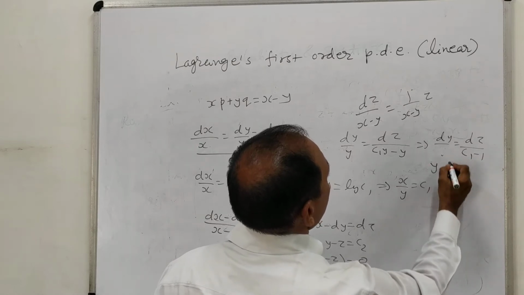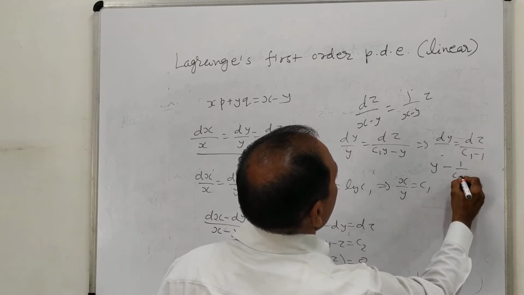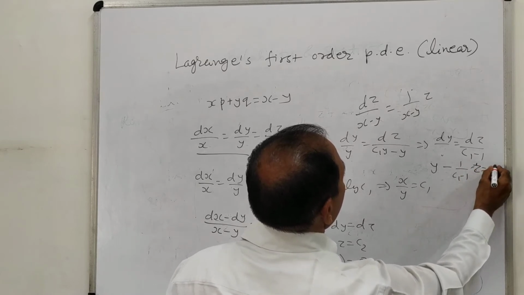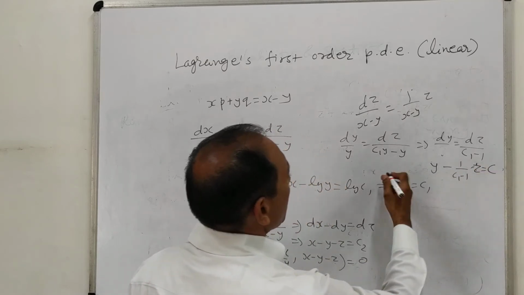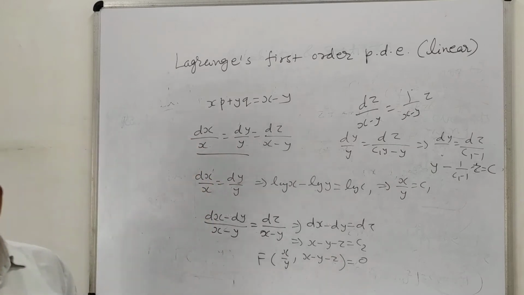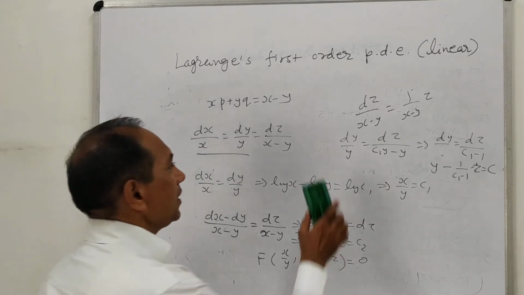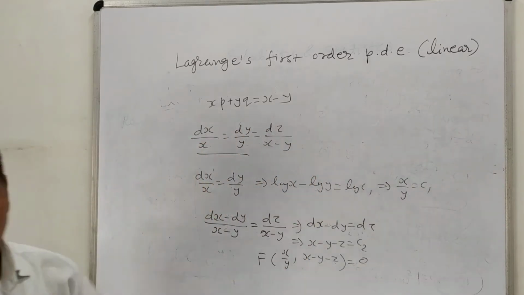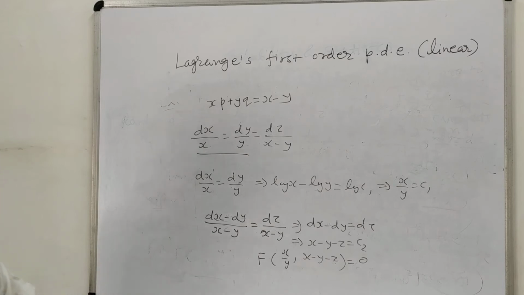This has the integration y, and 1 upon c1 minus 1 is a constant, and this has the integration z equal to some other constant, say c. Then you can put the value of c1 and obtain it. But there is no need for this. If two solutions are obtained easily, then don't go for the third one, because the third solution will be dependent on the second and third solutions. Okay?